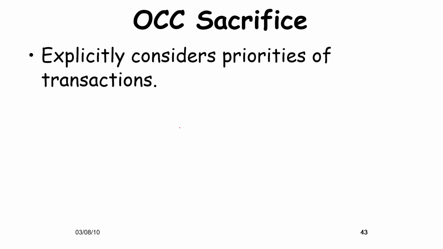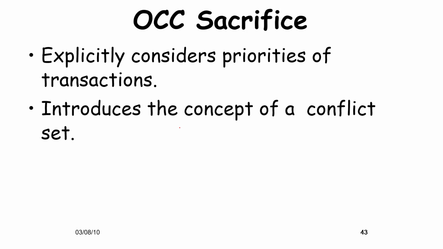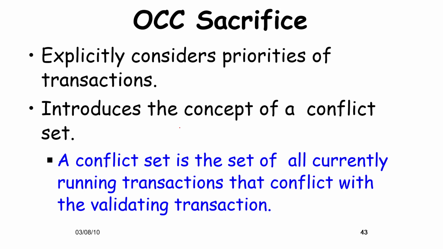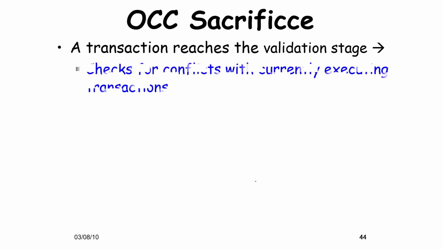There is a notion of OCC-sacrifice which explicitly considers the priorities of transactions. It introduces the idea of a conflict set, where the conflict set is defined as all the currently running transactions that conflict with the validating transaction. So for any transaction that is validating, you look at all the currently running transactions and you measure the number of conflicts.